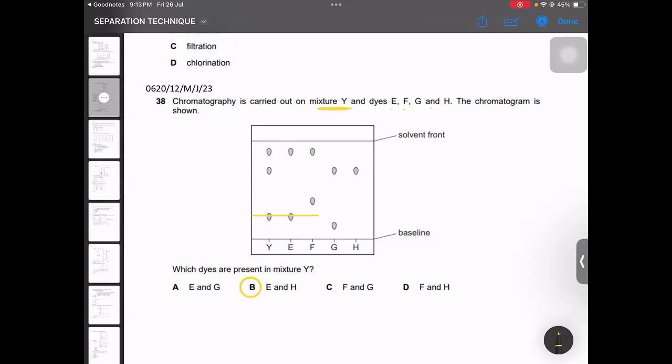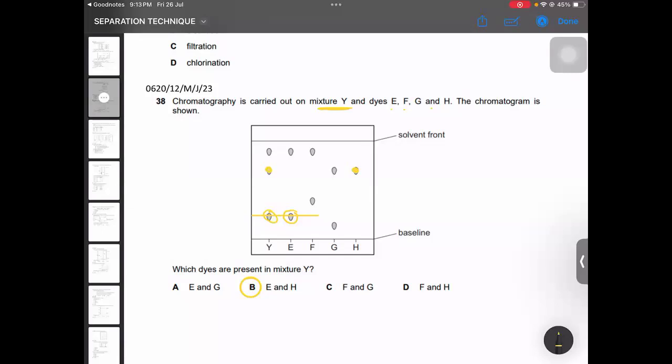I can say that your Y and this dye E have the same RF value, and if you see these distances, they are the same. So that's why I can say, which dyes are present in mixture Y?